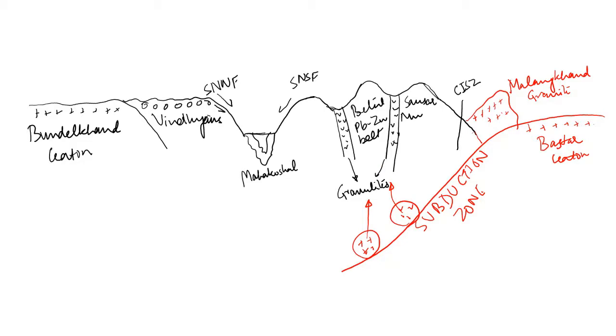During subduction, what happens is that the downgoing slab melts, leading to magmatism, and these form the island arc granites. So the Malanjkhand and the Dongargarh granites, they both are the island arc granites.